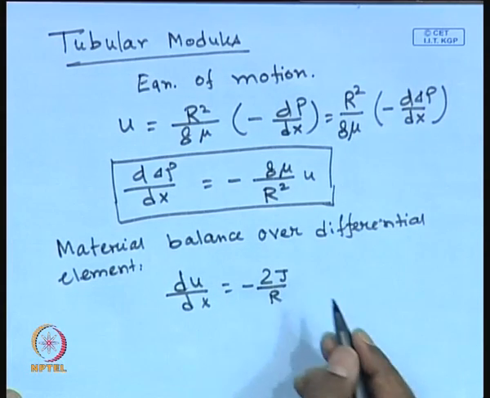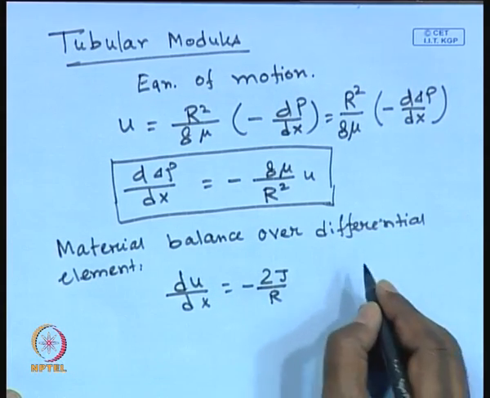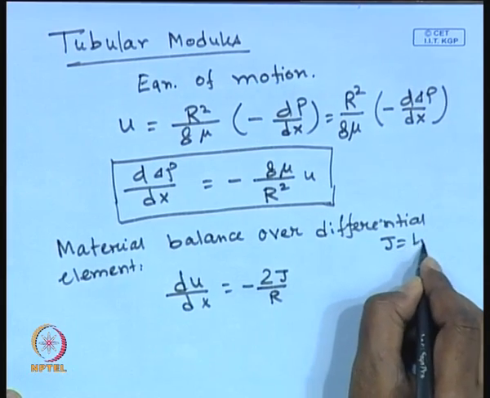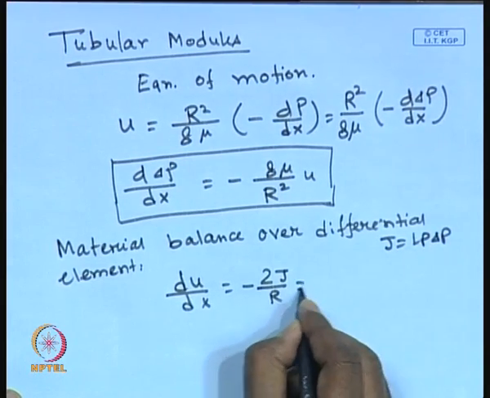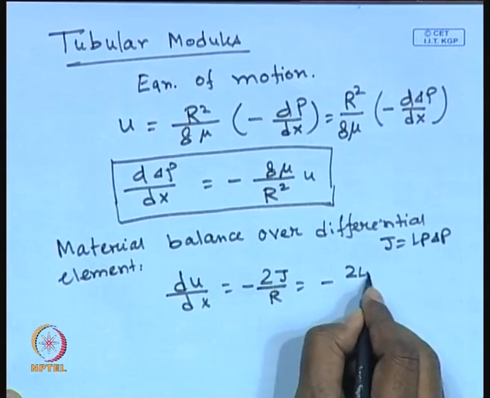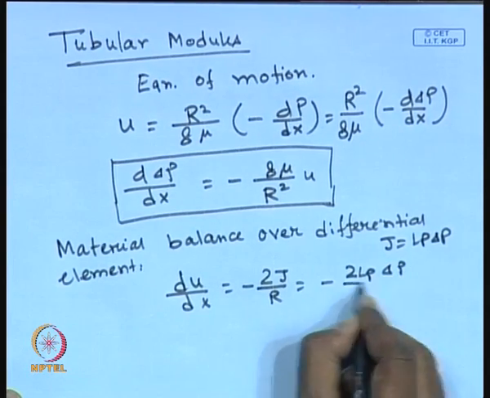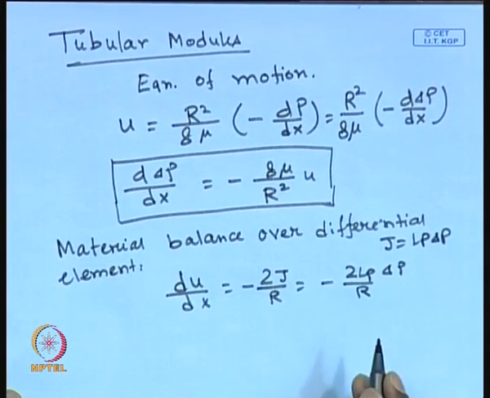Since the osmotic pressure is negligible, J is nothing but Lp times delta p. So this will be nothing but minus 2 Lp delta p over r.